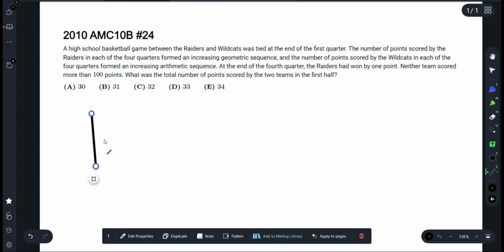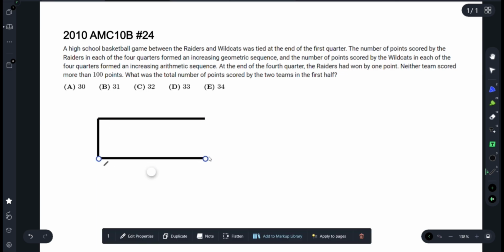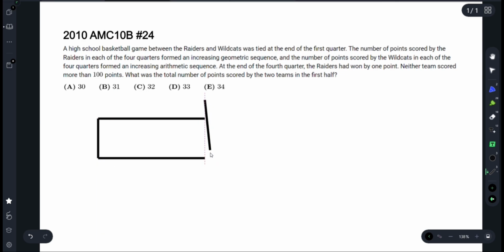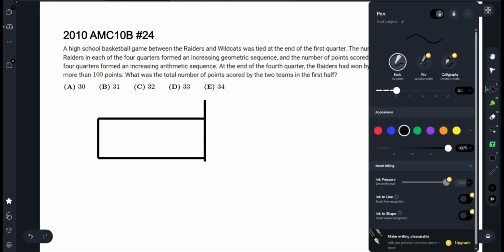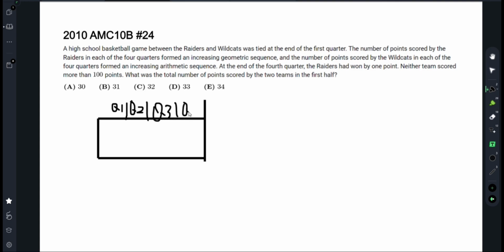So we can organize this by drawing a table. So we have quarter 1, quarter 2, quarter 3, quarter 4.